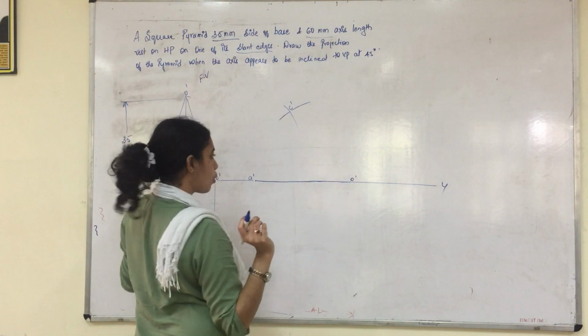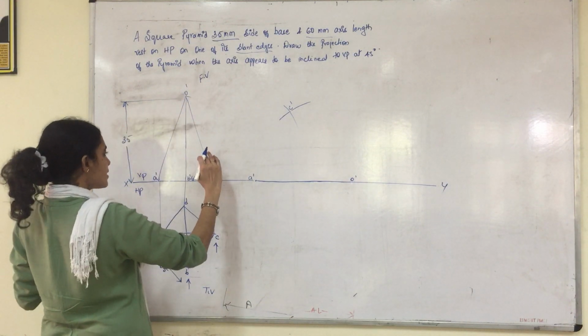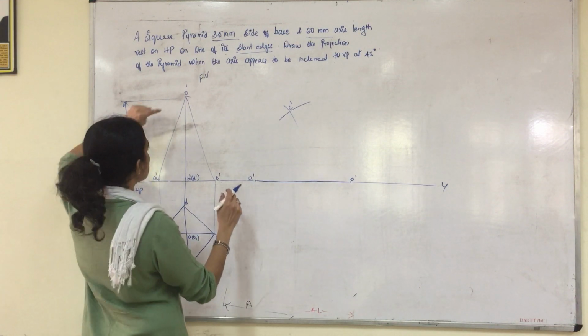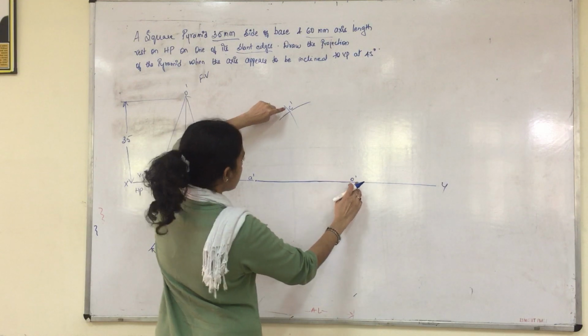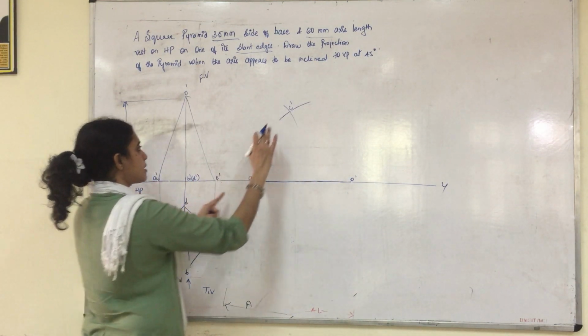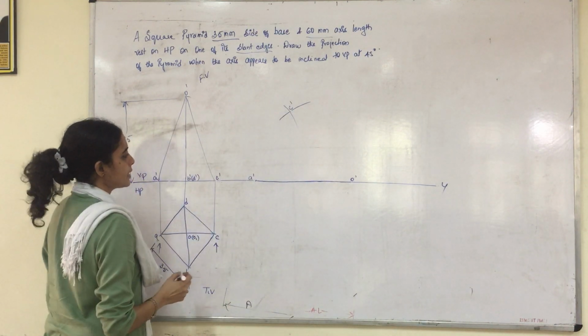So this will be O dash. So you got one side now. You need to replace the other two sides of the front view. The only option is to measure the distance from O dash to C dash and cut an arc. Again measure from A dash to C dash and cut an arc. Where it meets will be our point C dash.